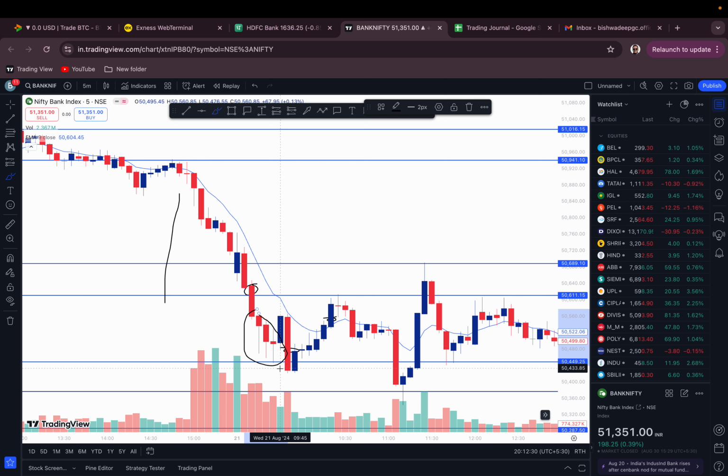They are not much interested in taking sell side positions, so they are leaving and the buyers are coming in. They also took the help of the support line, so there is a possibility that the market will reverse from this position. That is why I exited the trade at 935.